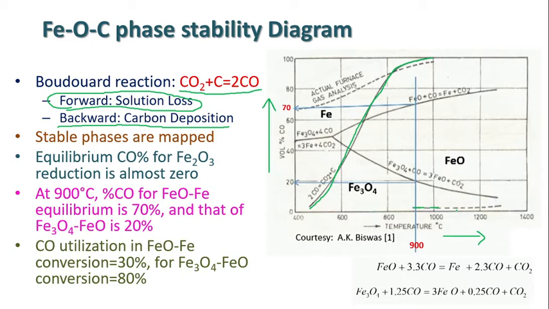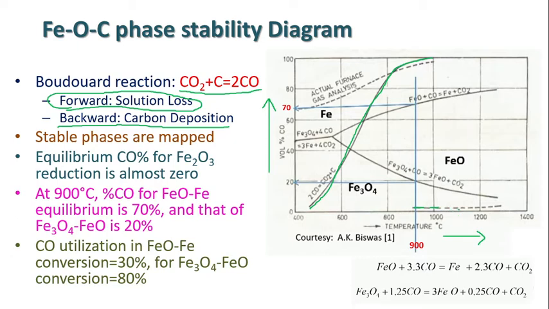That means hematite to magnetite reduction is instantaneous with a negligible amount of carbon monoxide. So this line doesn't get much scope in this equilibrium diagram. In some diagrams it may not be present.